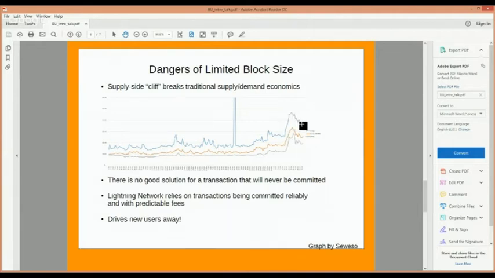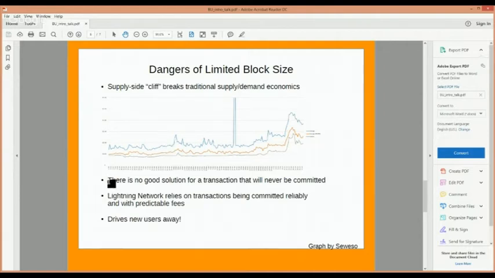Now they've come down. Why have they come down? It's anyone's guess. I see that as people no longer using Bitcoin in the way they want. They probably change their behavior or move to other cryptocurrencies. So this is one of the dangers of having a limited block size. People leaving, not wanting to pay 25 cents just to write 1,000 bytes into a database.